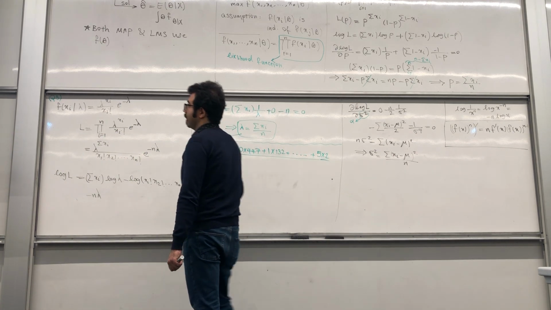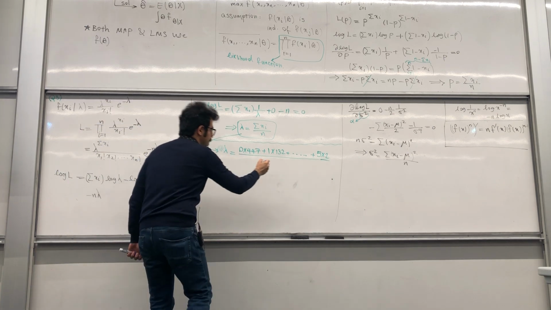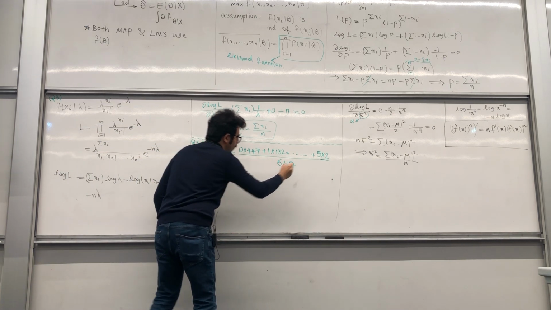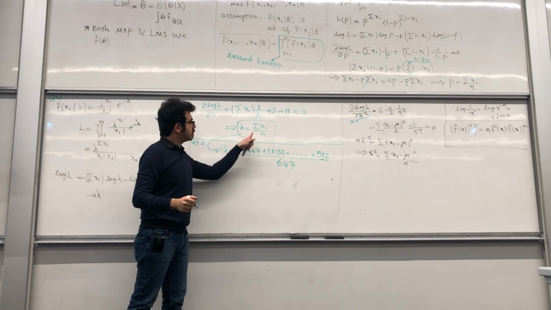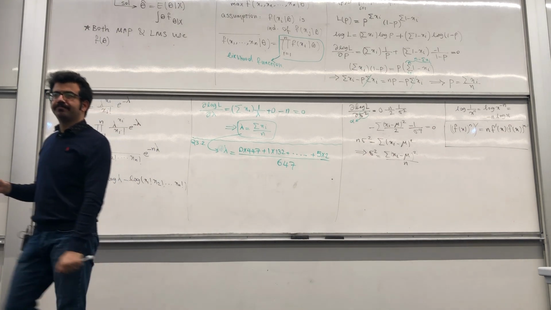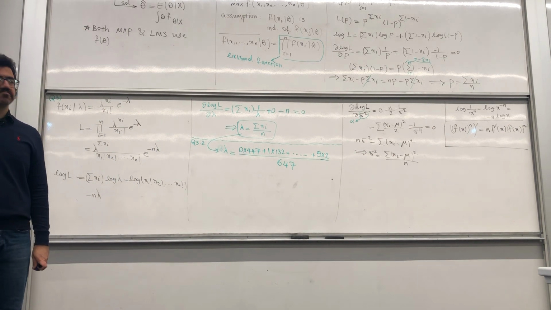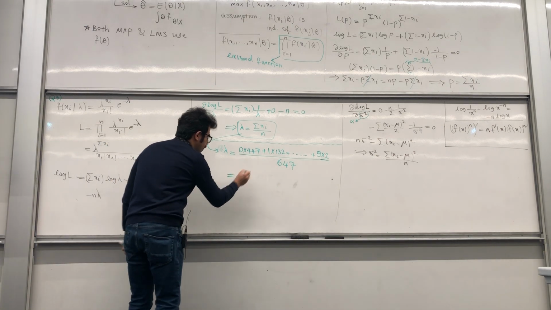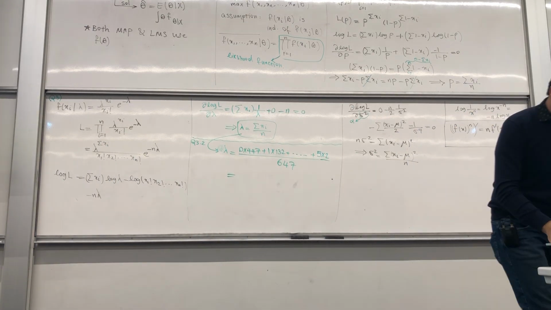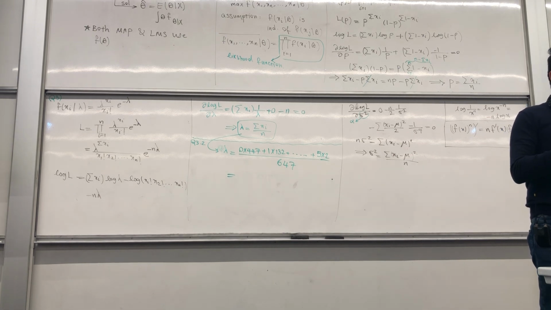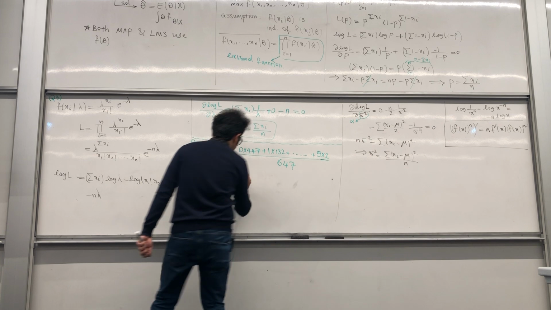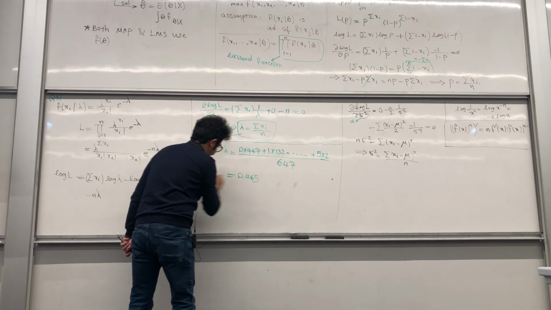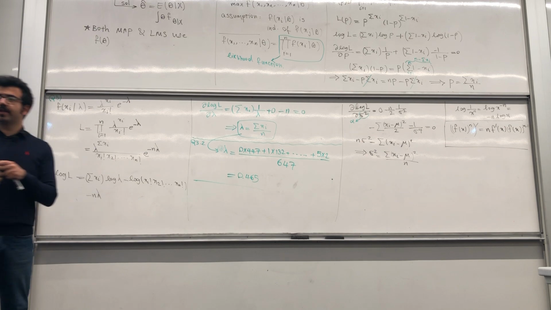And how many of them do I have? 647. N goes in the denominator, and in the numerator I have the summation of data. Clear? This is equal to the final answer, 0.465. And that's it. Any questions?